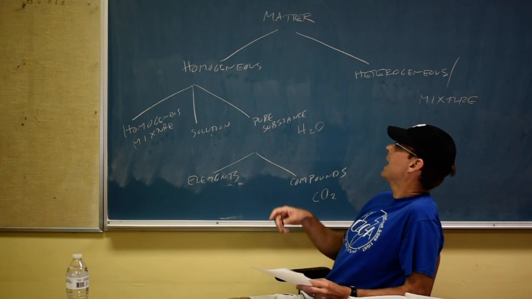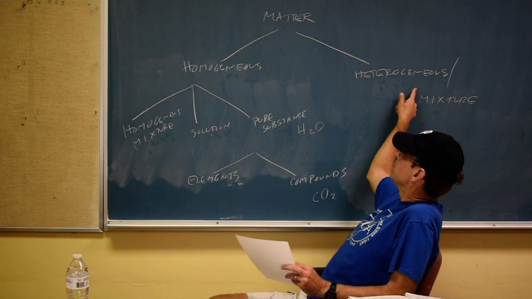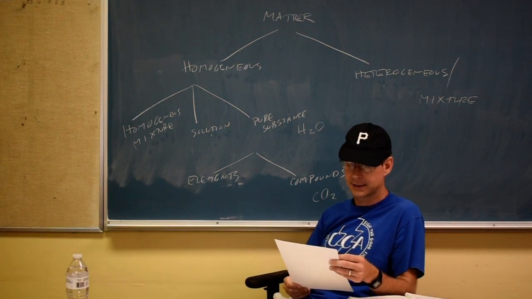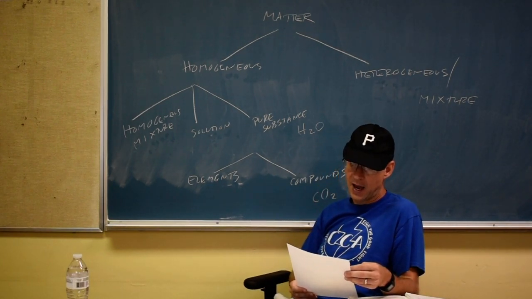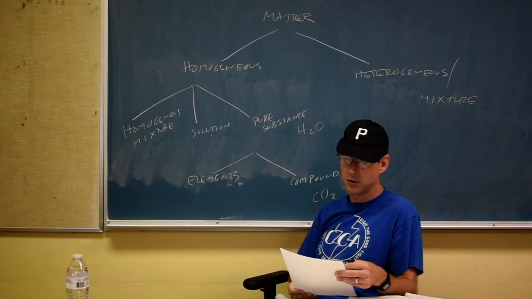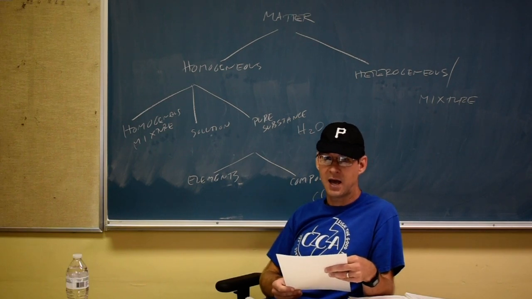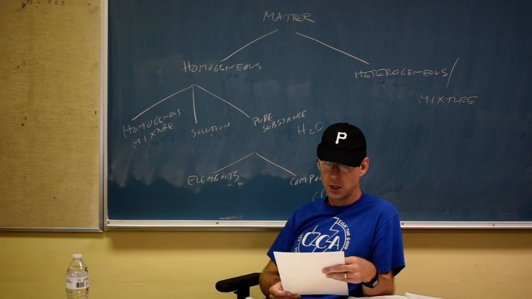But if you play that game, look for mixtures. Mixtures are made of two or more things. So mixture, synonym is heterogeneous. That would be the T-bone steak, because that has fat, meat, and bones in it.